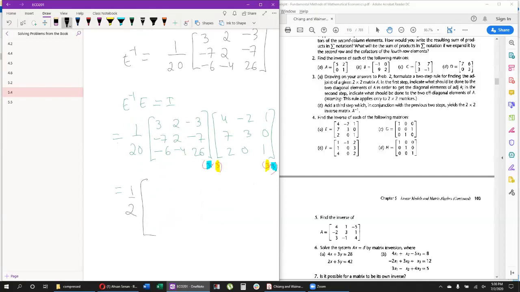We have 12 plus 14 minus 6. We have minus 6 plus 6 plus 0. We have 3 plus 0 minus 3. That's the first row. Second row, minus 28.